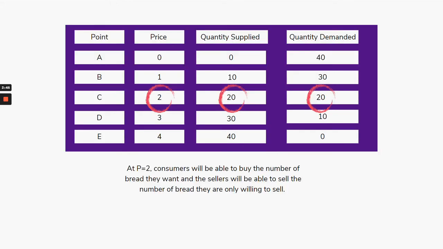The equilibrium is where the quantity supplied and the quantity demanded are equal at a specific price. So at price 2, the quantity supplied is 20, the quantity demanded is also 20. So this is your equilibrium. This is the market equilibrium for the bread at price 2.